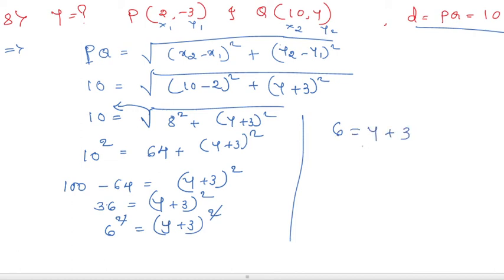You want the y value, so rearrange: y plus 3 is equal to 6, y is equal to 6, the plus 3 comes here and becomes minus 3, y is equal to 6 minus 3, which is 3. It is the value of y. If you take plus or minus values, you will get y value as 3 and another negative value, that is minus 9.